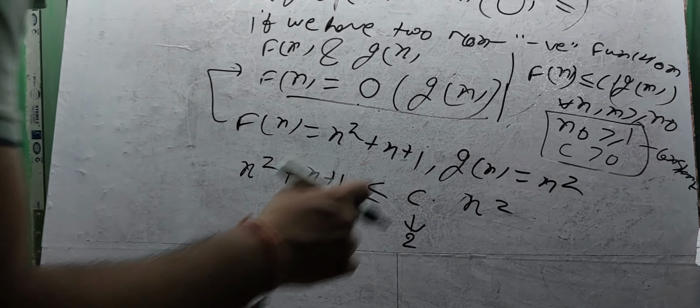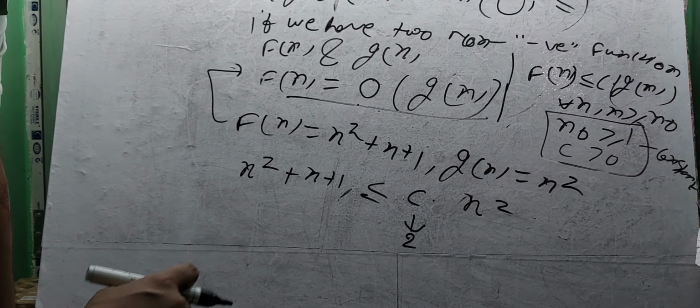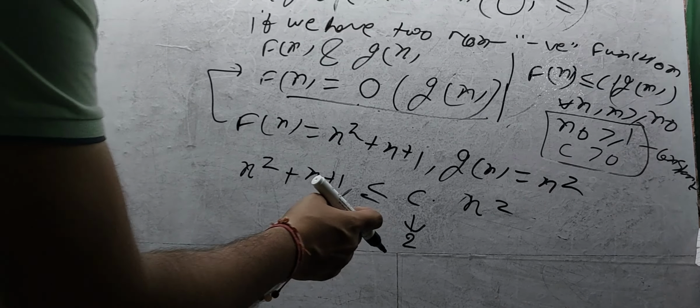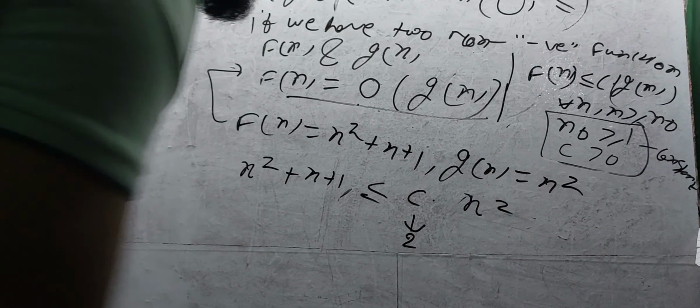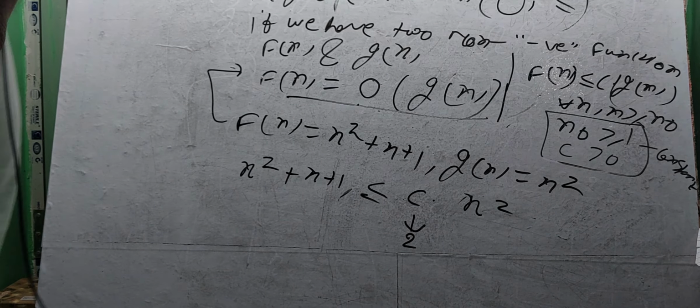Now we will find the n naught value, that is, from where the right hand side will be greater than left hand side.